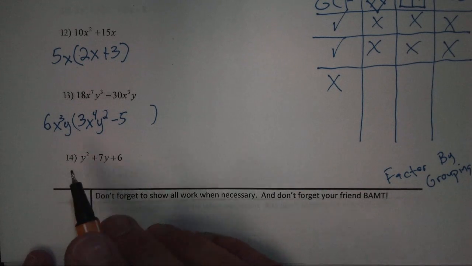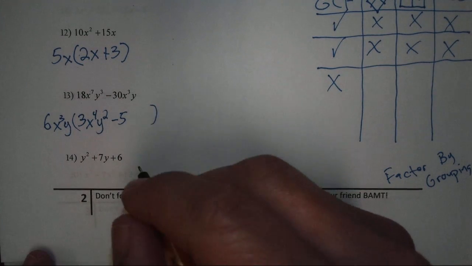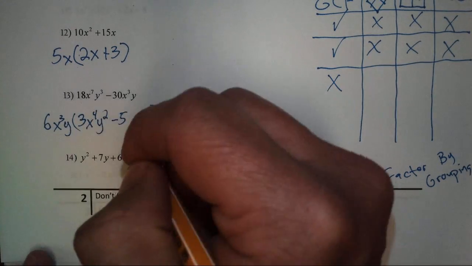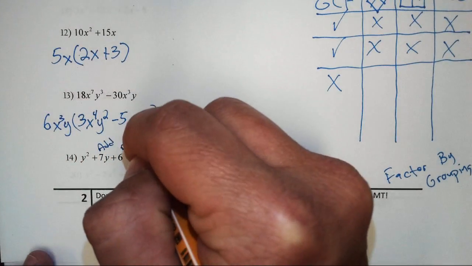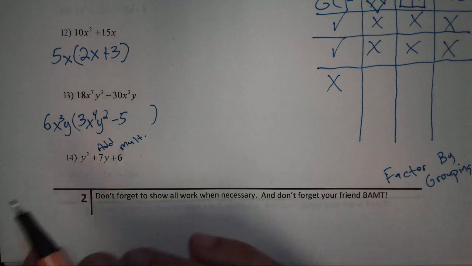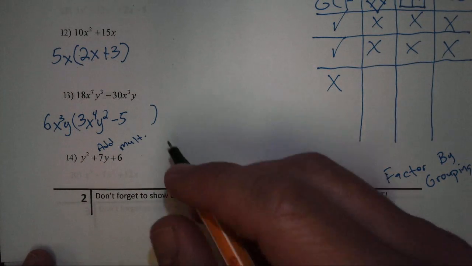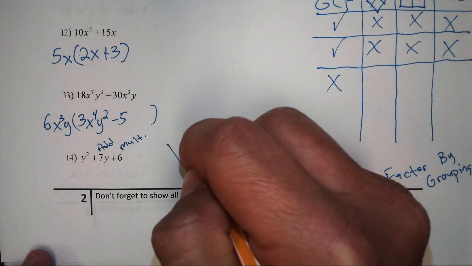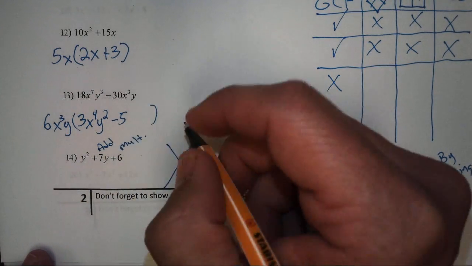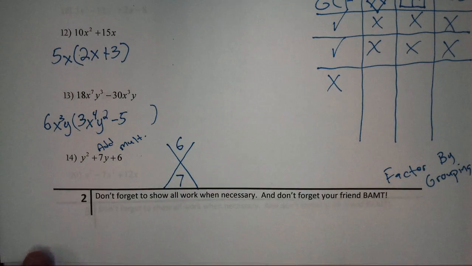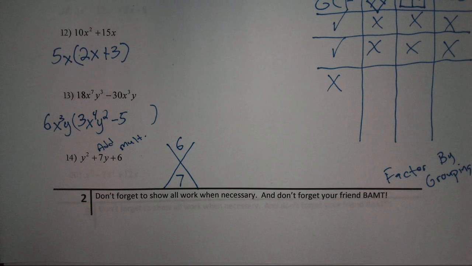So again, for the diamond, you're looking for 2 numbers that add to give you a 7 and multiply to give you a 6, which some of you have just been writing this way, which is fine. Others of you like to put in that graphic organizer. So your add number goes on the bottom, your multiply number goes on the top. So we're looking for 2 numbers that make that work, which in this case would be a 6 and a 1.